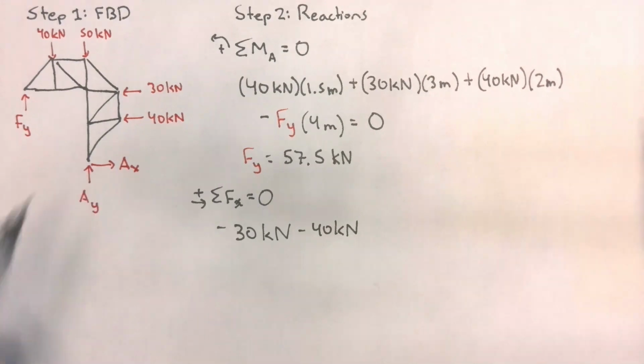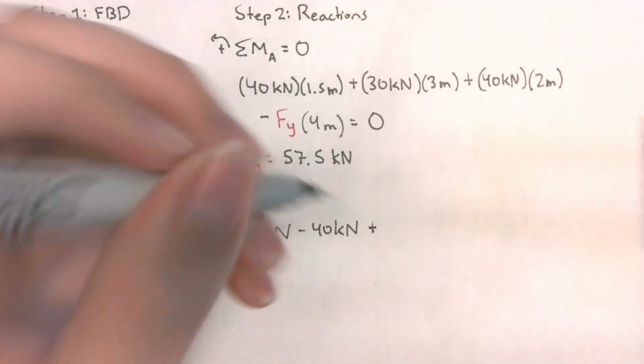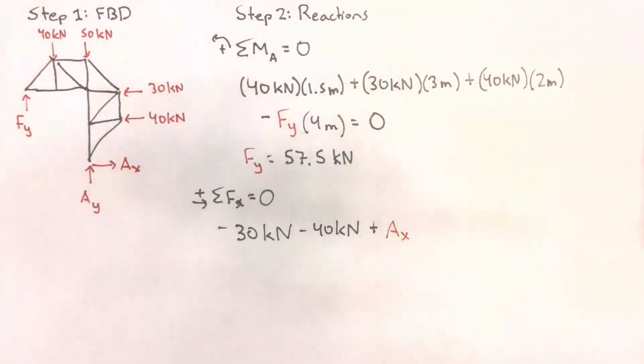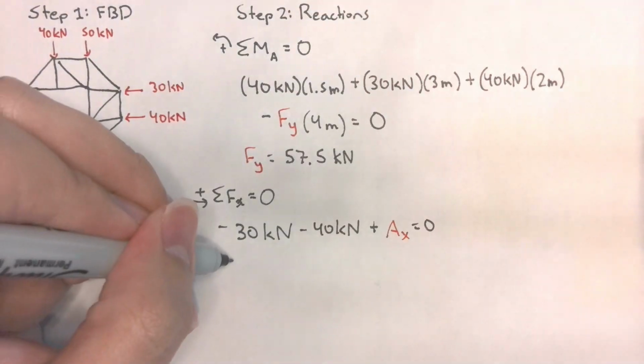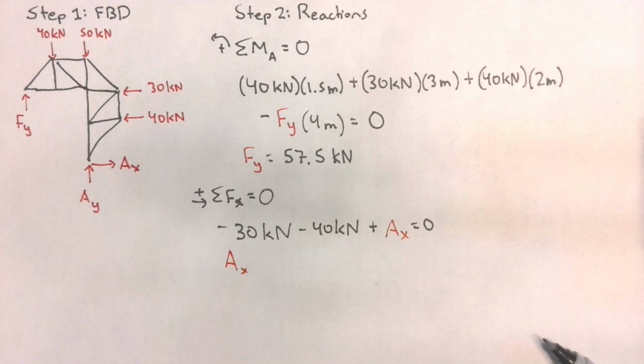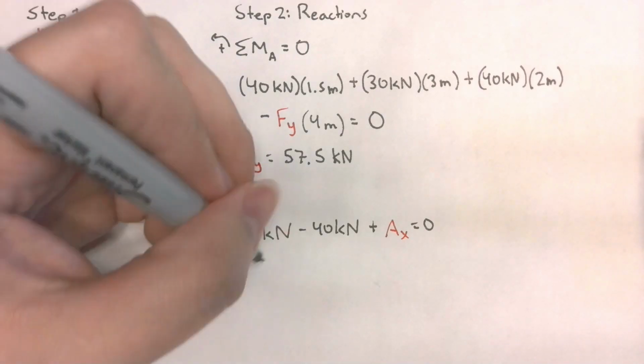And my unknown force Ax in the positive x direction, so plus Ax. Those are all my x forces, so all this should equal 0. And I get that Ax is equal to 40 plus 30, 70 kilonewtons.